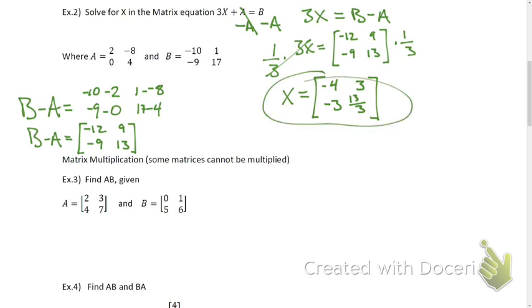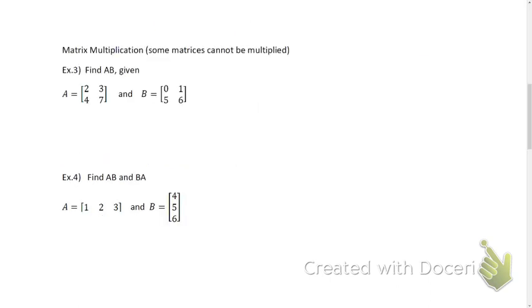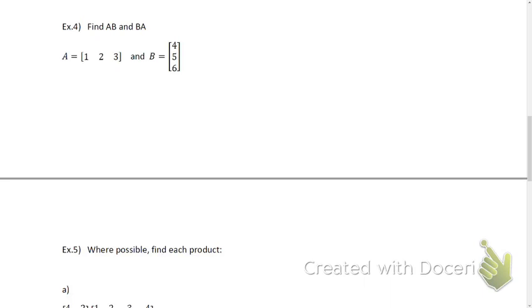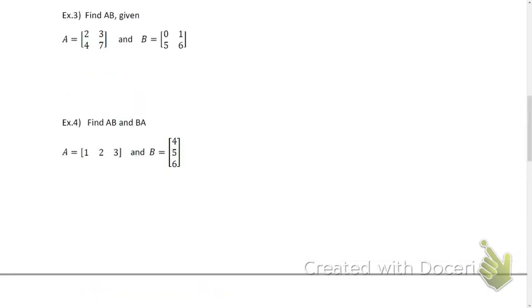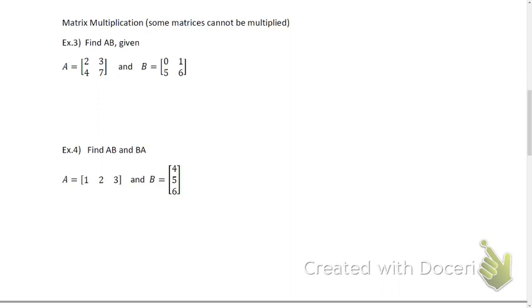All right, let's move on to multiplying matrices. So down here we have A times B, and then we also have to do B times A. Back up here, I showed you a couple ways to multiply matrices on Friday. Here's yet another way. When you're doing A times B, you need to go row 1 times column 1.